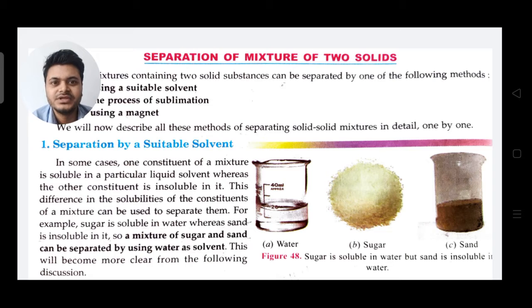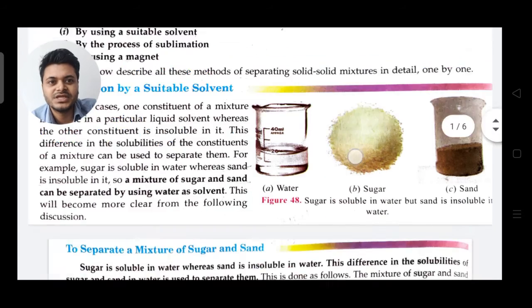For example, sugar is soluble in water whereas sand is insoluble in water. So a mixture of sugar and sand can be separated by using water as a solvent. This will become more clear from the following discussion. I repeat, sugar is soluble in water whereas sand is insoluble in water, so water is used as a solvent.